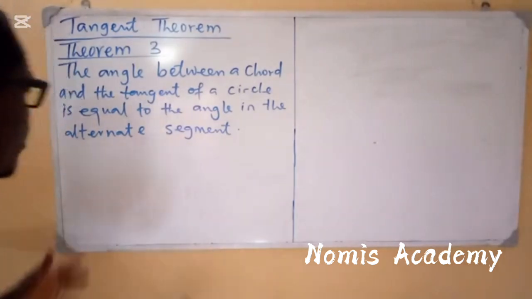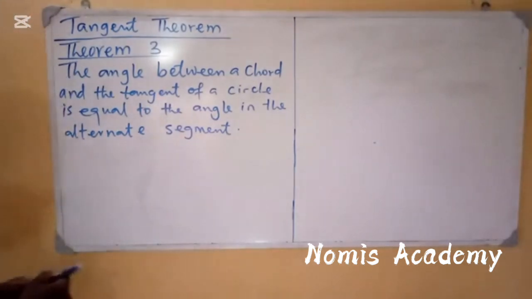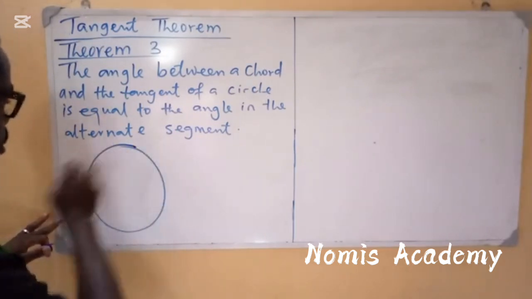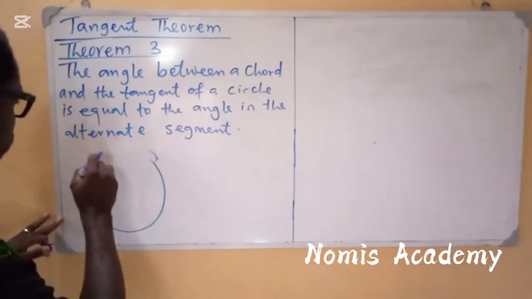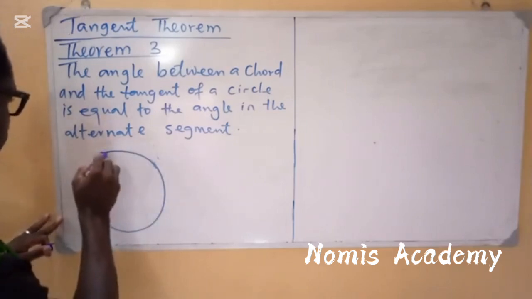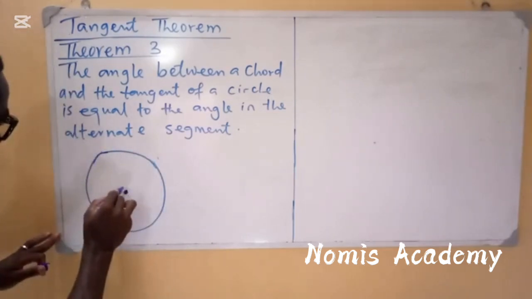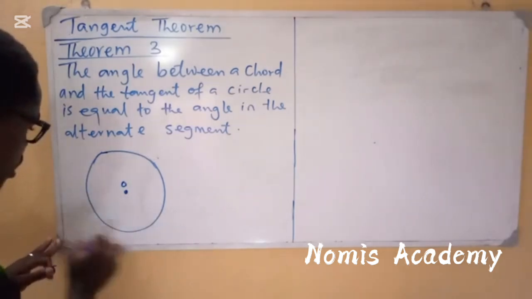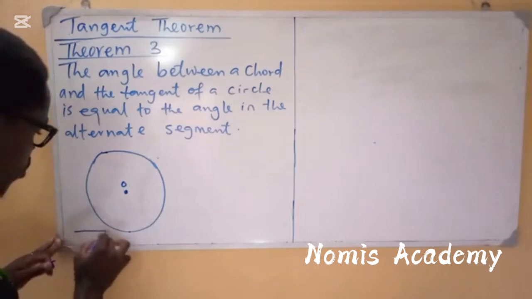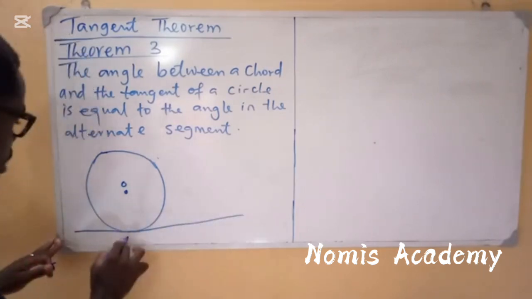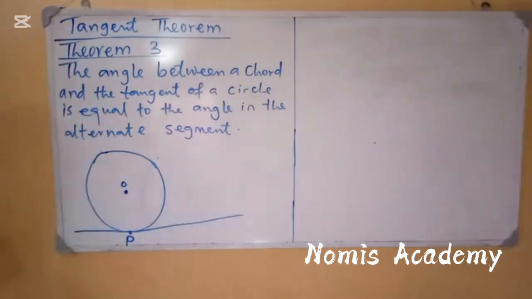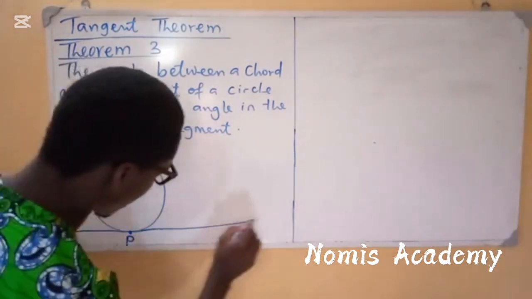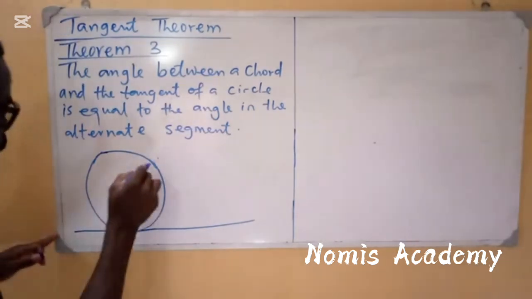So now let's take the diagram to see clearly what we are just defining. So we have a circle. Okay, let me draw it very well. So this is the center of the circle, center O. Now if we have a tangent at this point, we call the point P. Let's call this a tangent at point P, and then a chord.